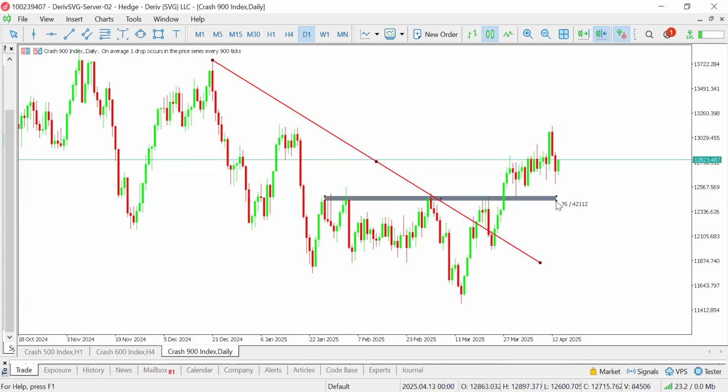So the whole of this place now is giving us a very strong key point of interest because the market came here severally, formed a lower high, and then finally broke through it to give us a change of character. Now remember, a change of character simply means that the market is trying to change its current trend.